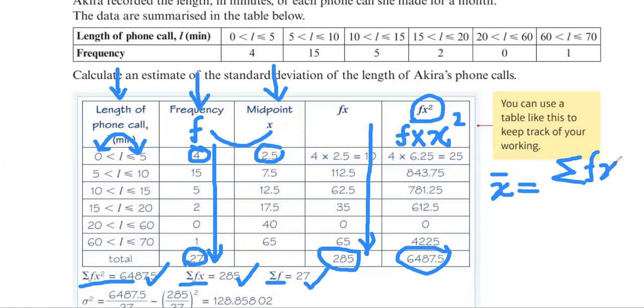Not x values, for this type of table data you have to put like this, sigma fx over sigma f. Okay. Faris, what is the value of sigma fx? 285. Sigma f? 27. After dividing that, you can get x bar.